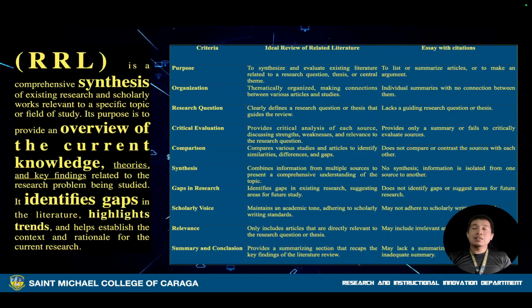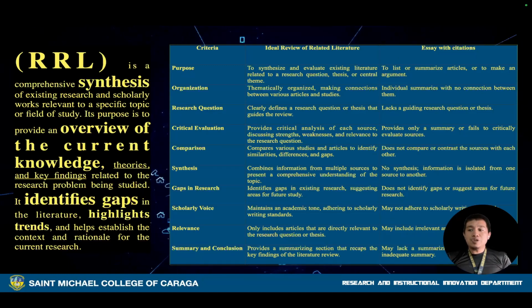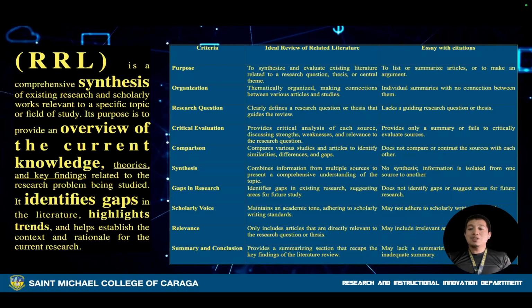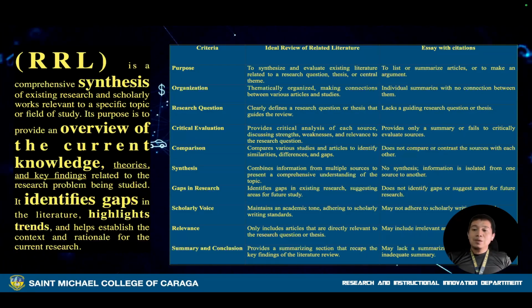After studying the paper, you need to synthesize and evaluate which certain parts would be usable. When we say synthesizing, we are going to critically evaluate that particular paper. But ideally, for a good review of related literature, beforehand you need to decide what your statement of the problem or your research objectives are.